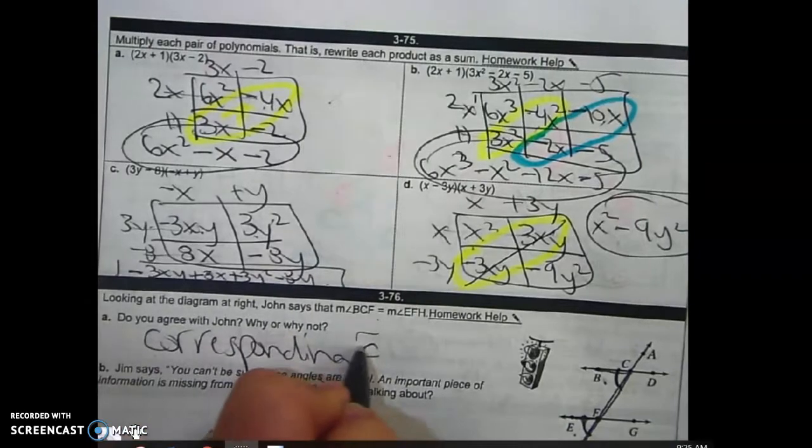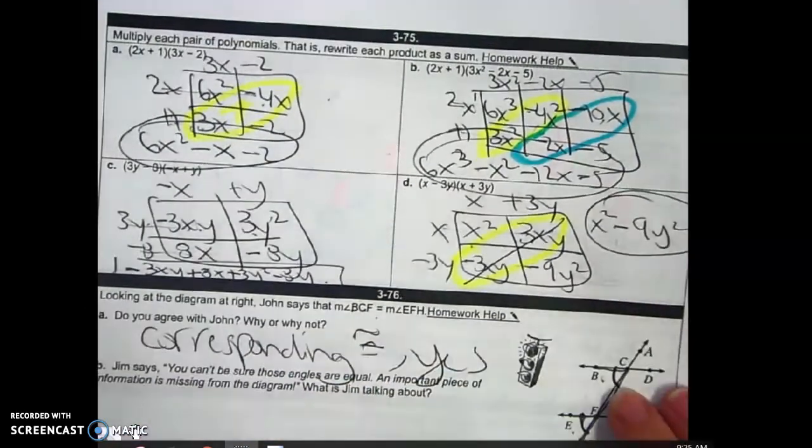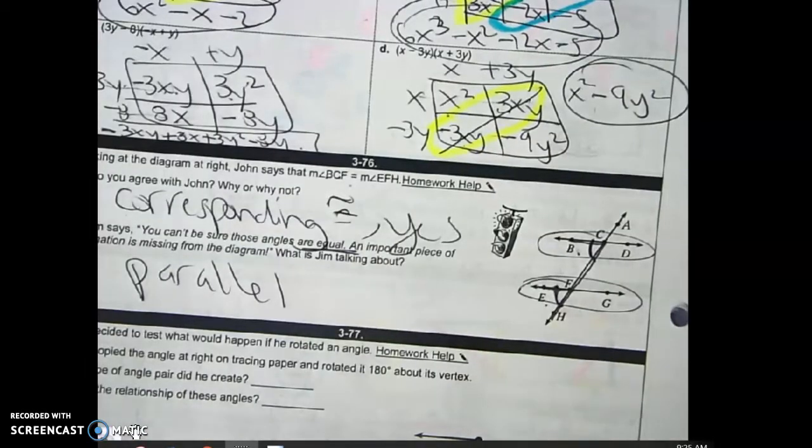So they are congruent. So he is correct. Okay. Well, that's true. It says you can't be sure that they're equal because actually I should have made sure they didn't state that this and this are parallel. So you need to make sure those are stated as parallel. Okay, you can't make assumptions just because you see it.